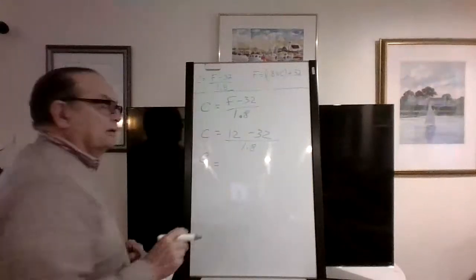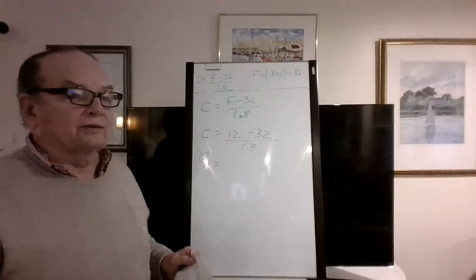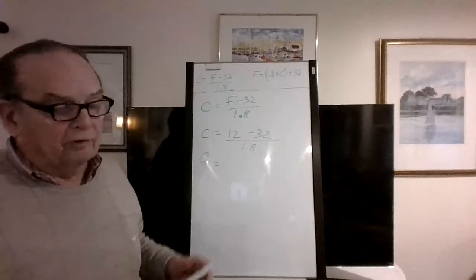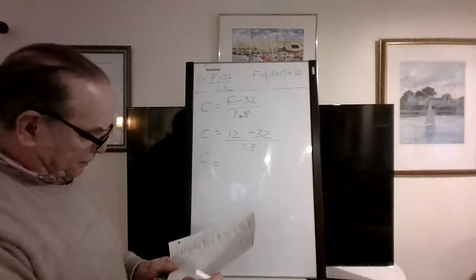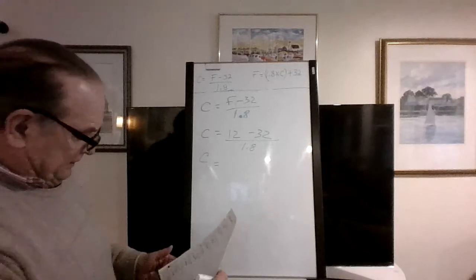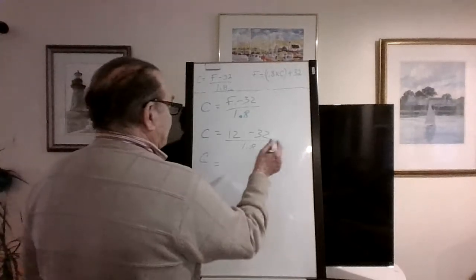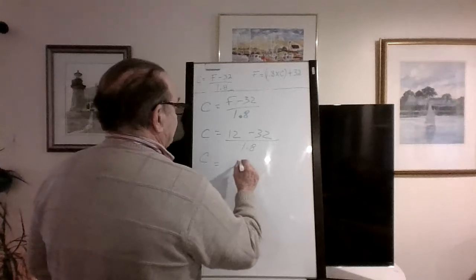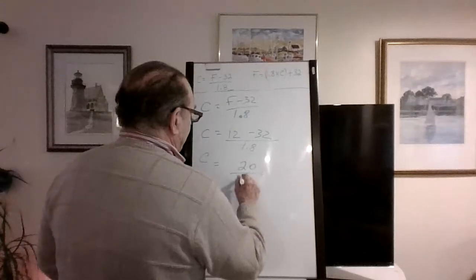Okay. First hand, you made 12 bucks. Second hand, lost 32. So what do you got? I didn't write all this down, so let's see if this is going to work out. So it looks like 20 divided by 1.8.